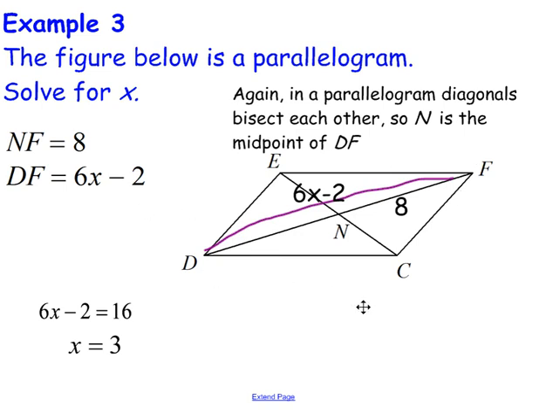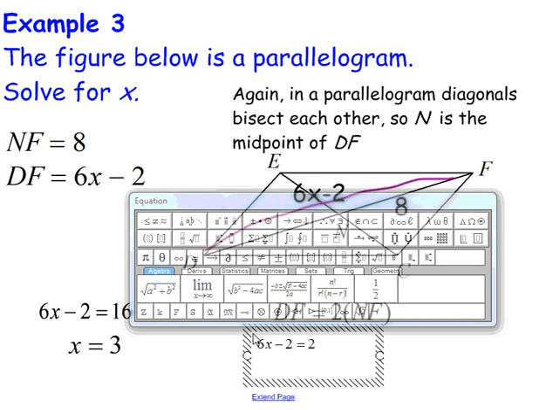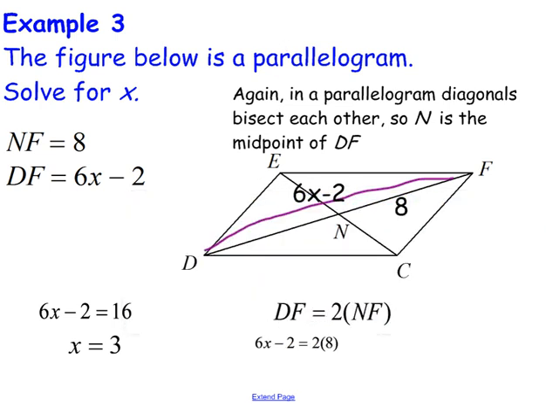Well, we know that DF is equal to 2 NF. So we can write 6x minus 2 equals 2 times 8. And that would give you the same thing, x equals 3.